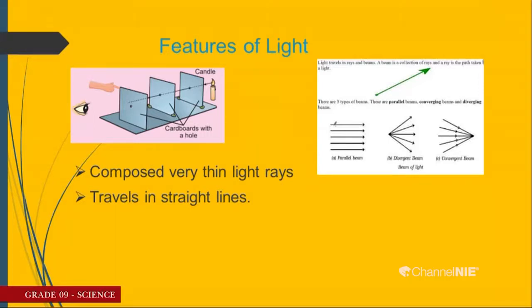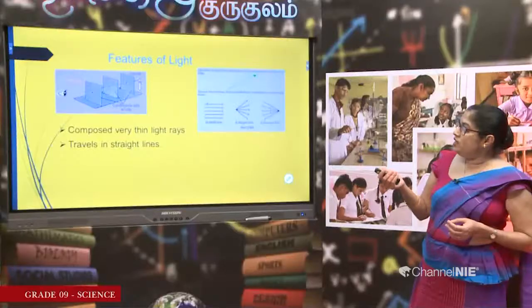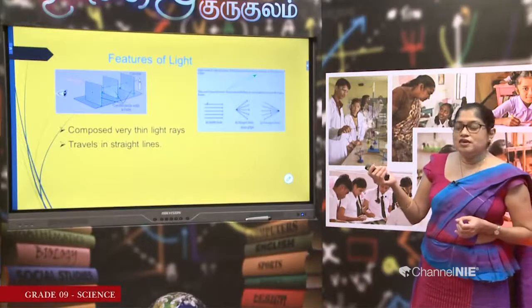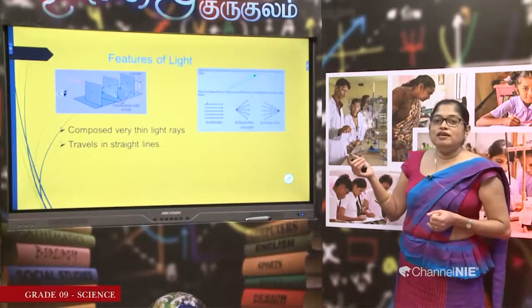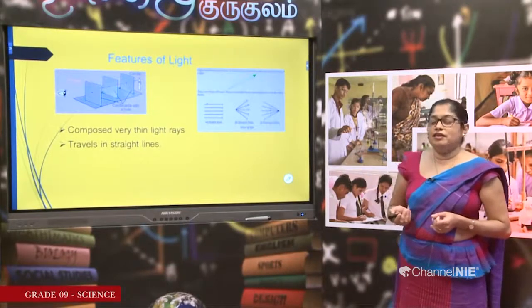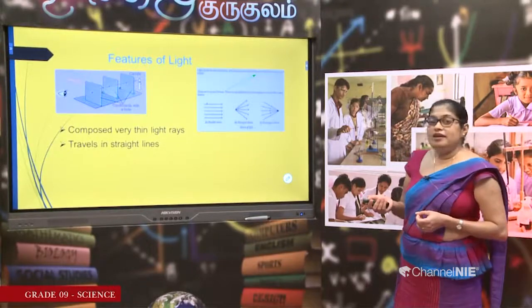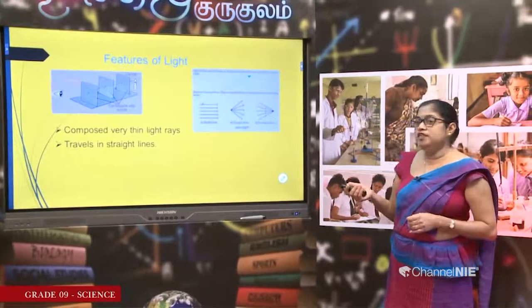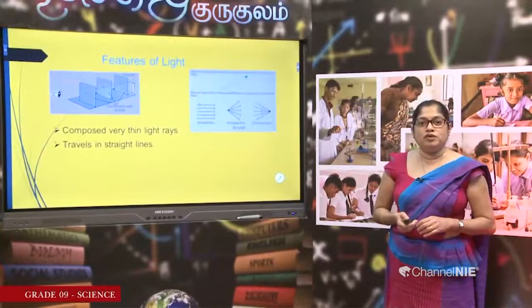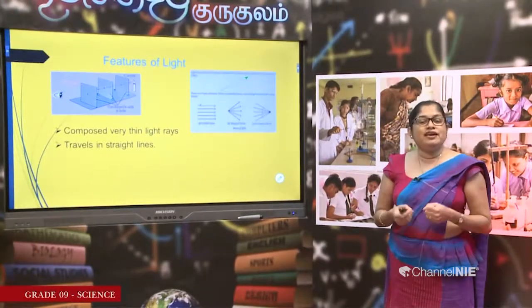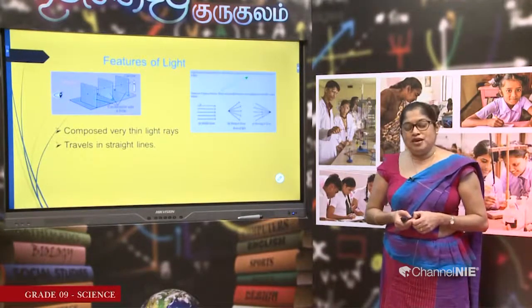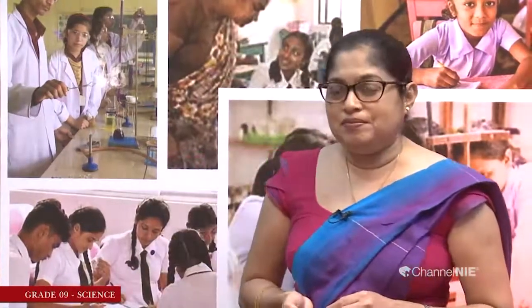So, the observer is on this side. When you observe through the holes, you can see the candle light. But next, if you change the position of one cardboard, will you be able to see the candle light? No, it is because light travels in a straight line.